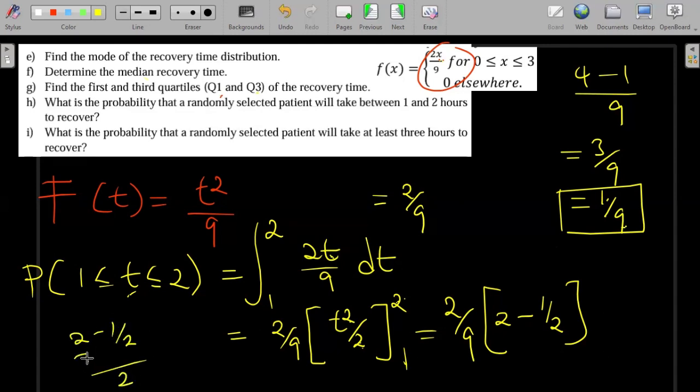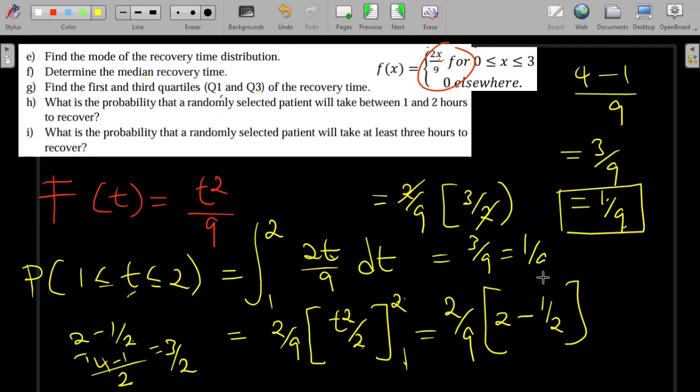It will be 4 minus 1, so it will be 3 over 2. So in the brackets I have 3 over 2. These 2s cancel out, so I remain with 3 over 9, which is the same as 1 over 9. So you choose the best method for yourself, either this one or the one where we use the CDF. That's the good part about finding the CDF, because it makes finding the probability very, very easy.